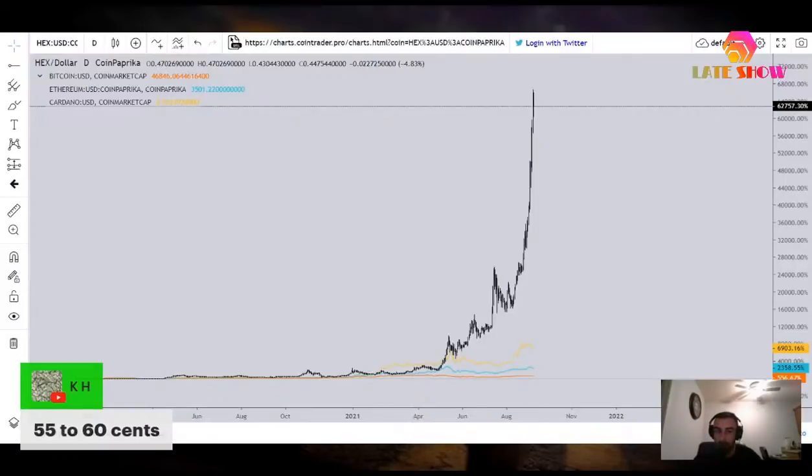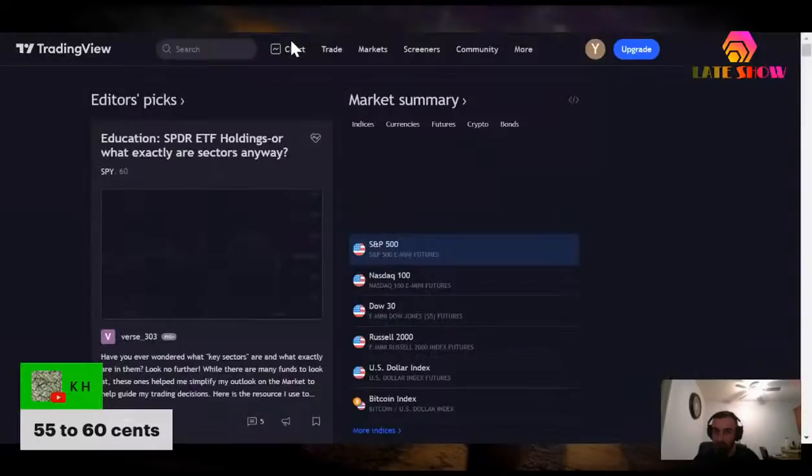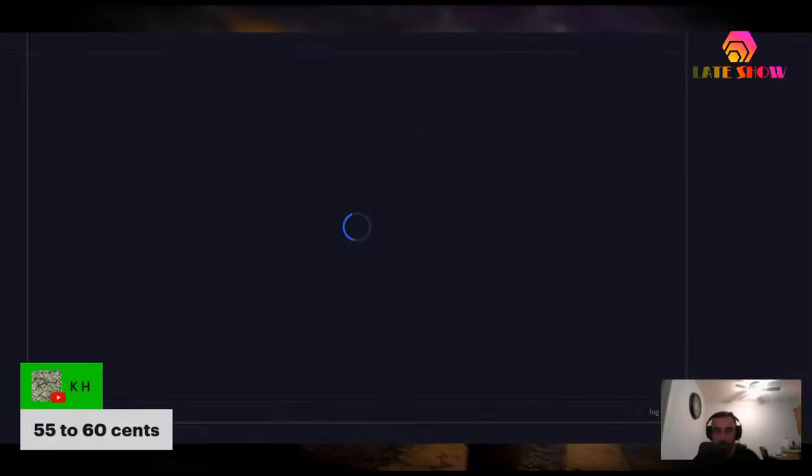Although that 41 cent top, that 41 to 43 cent range that we pointed out last week, is literally the area where we saw price slow down. Just to show the people that didn't get here earlier. It's not even loading at this point.